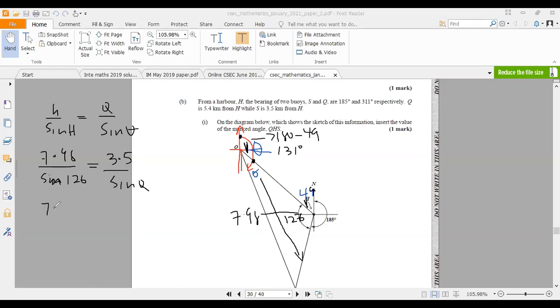What is sine 126, please? 0.809. So 0.809 is equal to 3.5 divided by sine what? Sine Q.